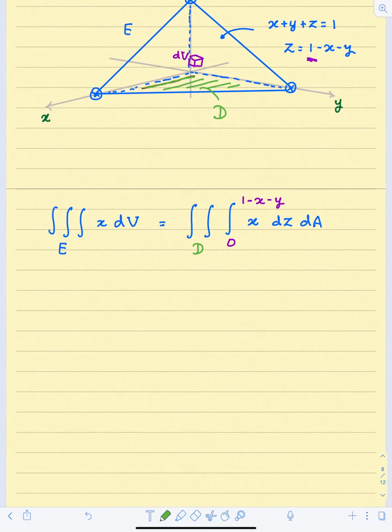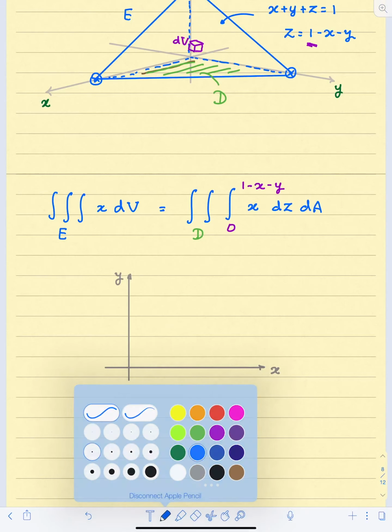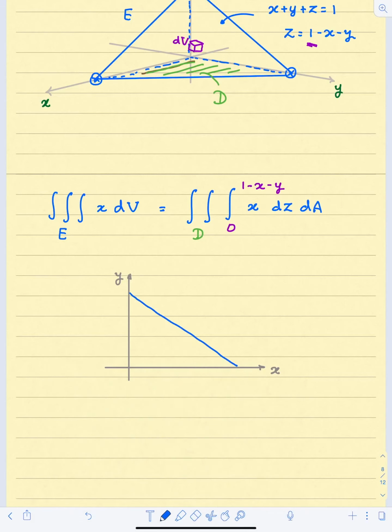To find those two limits, we need to consider the region in the xy plane. That's your domain D.